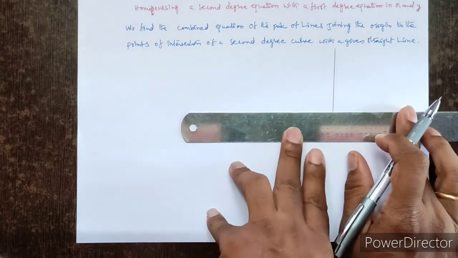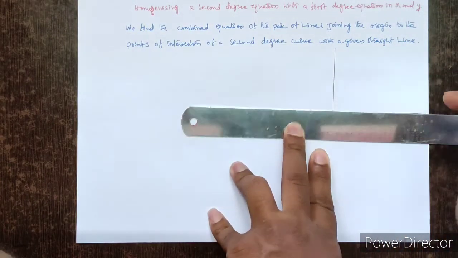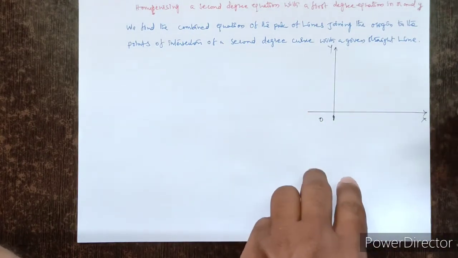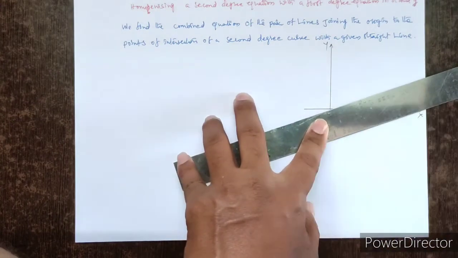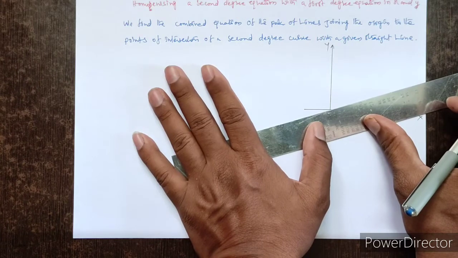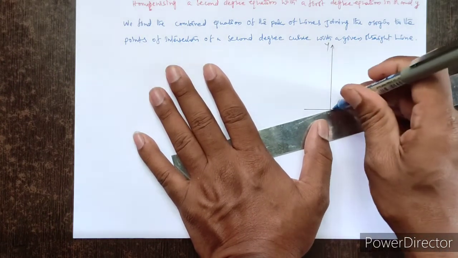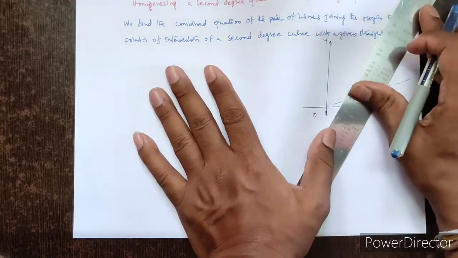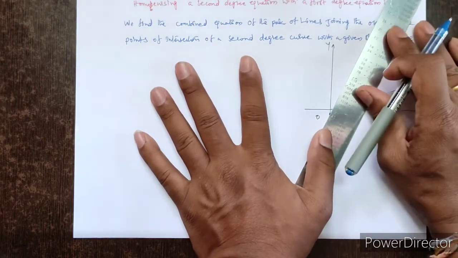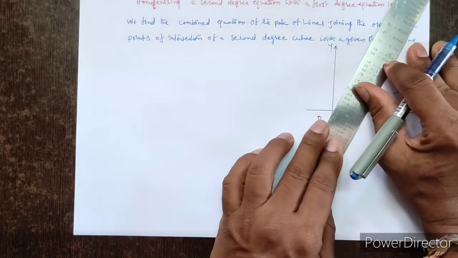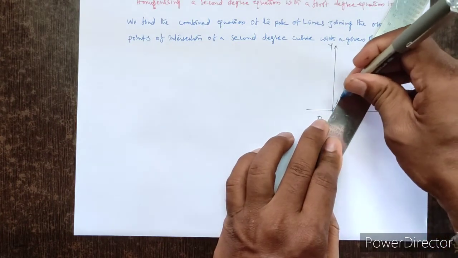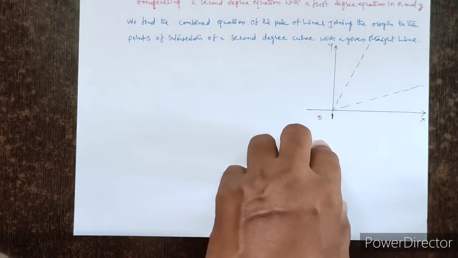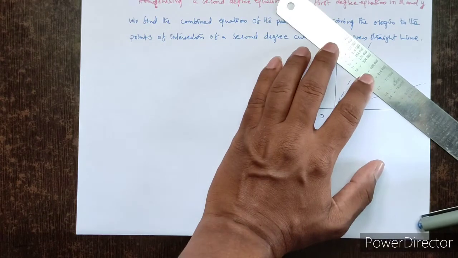X-axis, y-axis, origin, pairs of lines passing through the origin.